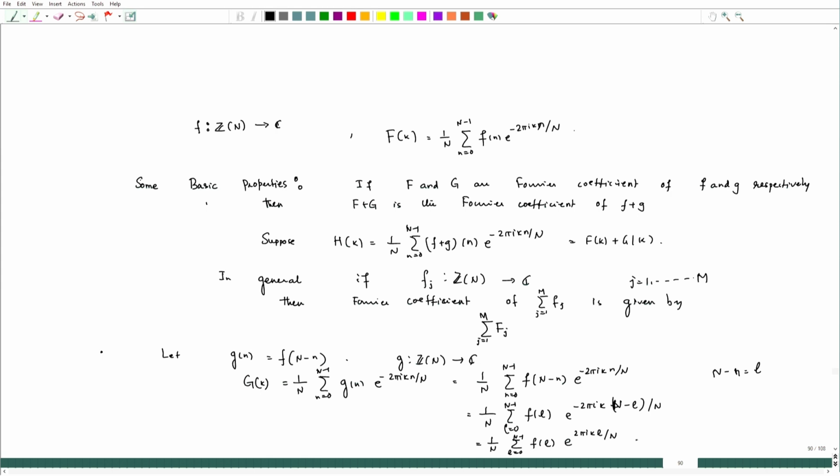So, this is equal to the Fourier transform at minus k.